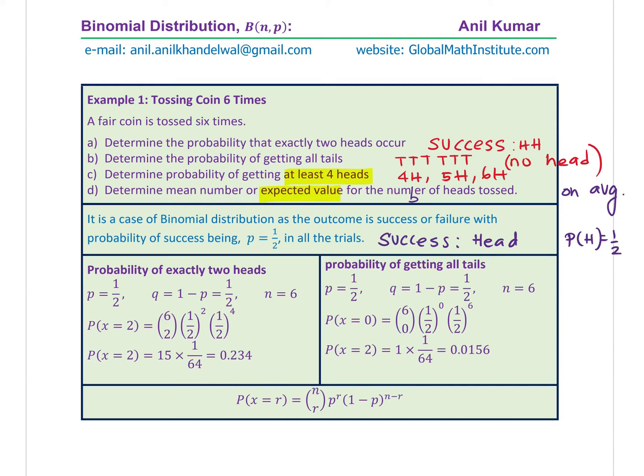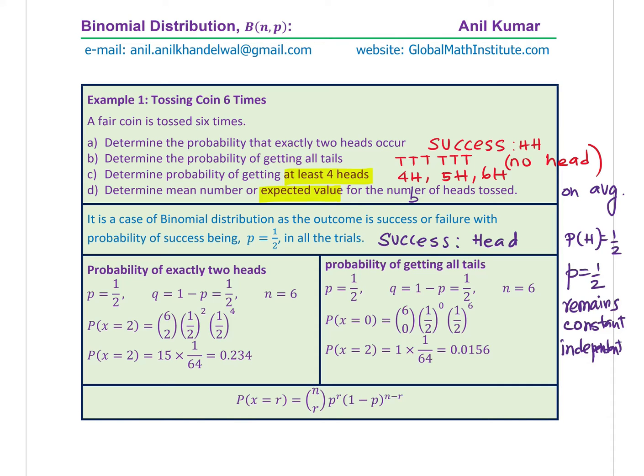So whenever you toss, what is the probability of getting a head? It is half. And all these events are independent events, because every time this probability, which we call p, is half and remains constant. So that means the events are independent.